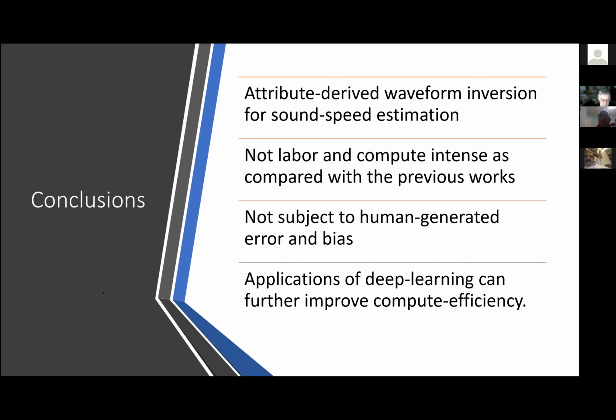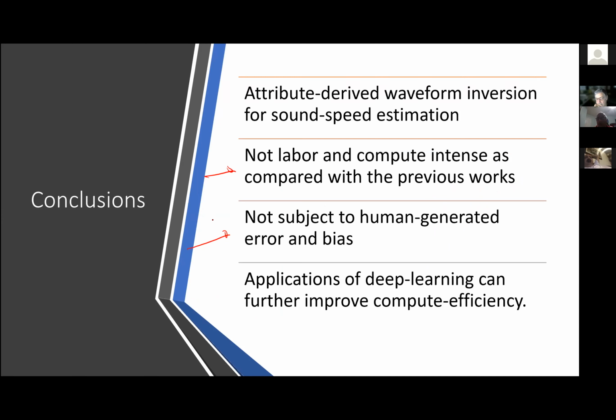So, to conclude, what I have shown is some attribute-derived waveform inversion. It is not as labor and compute intensive as other works. It is also not subject to human-generated errors because we did not do any horizon picking.